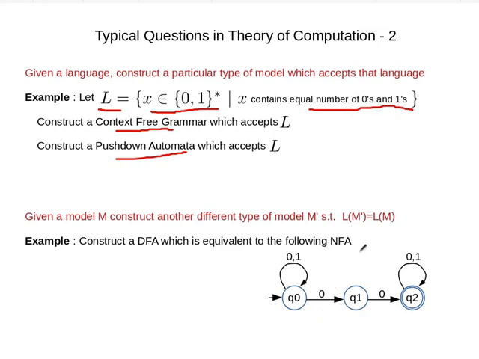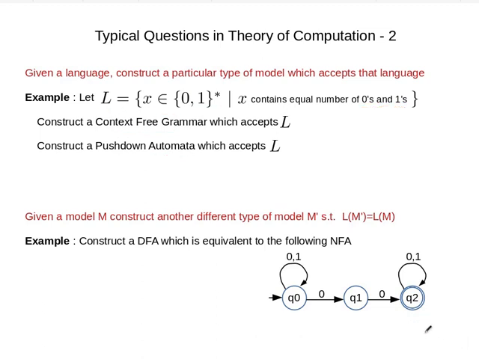Okay, so that language is what? Say this machine is N. So that language will be L of N. And we know, at least we have stated, that there exists a DFA D such that the language that you can accept with that D is the same language as this one. Now what is that D?